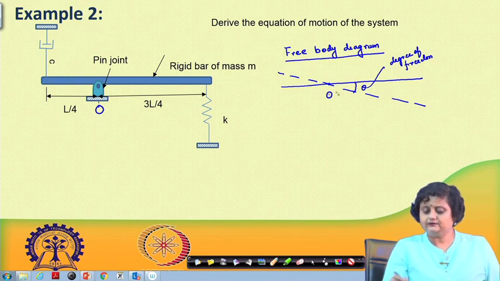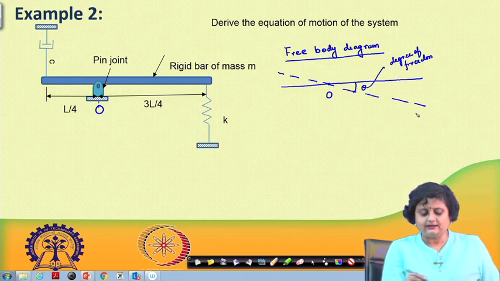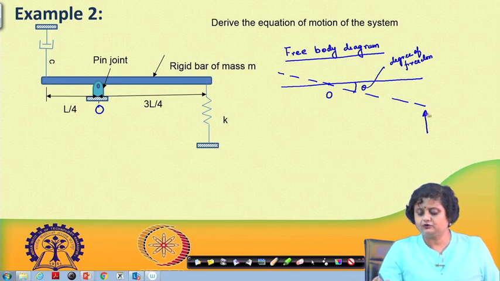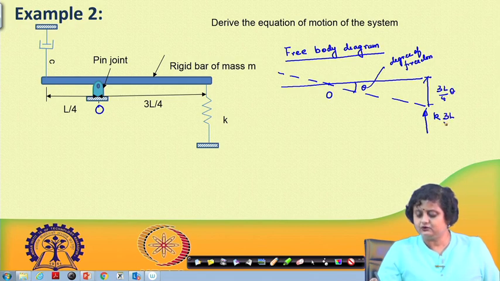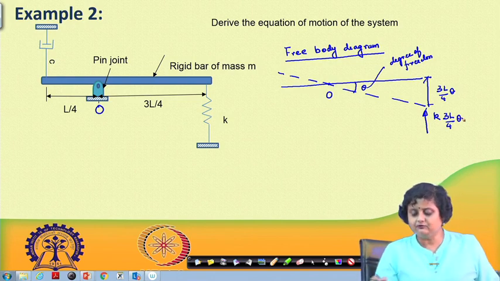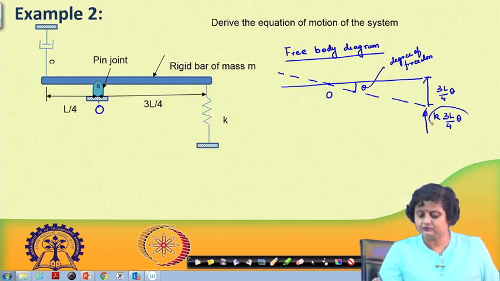Since it has rotated in this way, the spring has been compressed. So, the spring force is K into the displacement, which is 3 L by 4 into theta. So, this is K into 3 L by 4 into theta, that is my spring force.